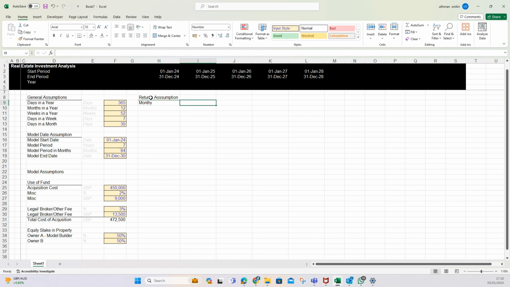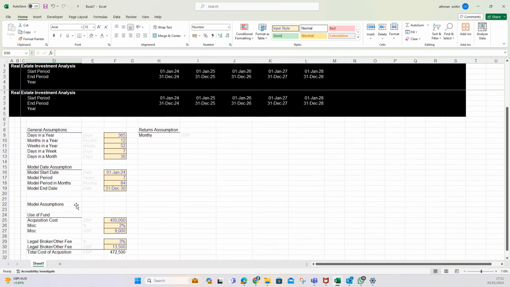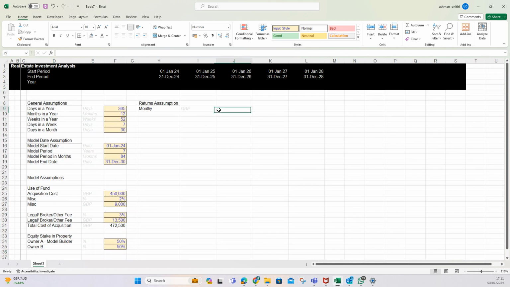So monthly rent, let's assume that's going to be GBP, as you can imagine. So let's assume a monthly rent of £3,000. All right, yearly rent.